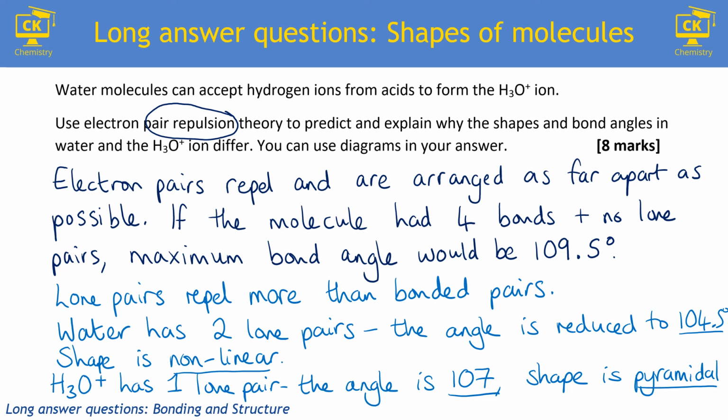So we've counted the number of electrons, the lone pairs and the bonded pairs. We've talked about electron pairs repelling and then what happens in terms of maximising that distance between them. We've said what the angle would be without the lone pairs, and then we've stated that lone pairs repel more than bonded pairs. So therefore we have compared the two molecules in terms of the number of lone pairs and their angles, and also the difference in their shape.